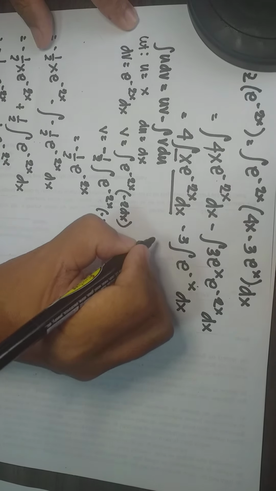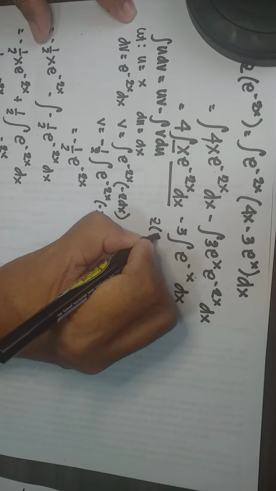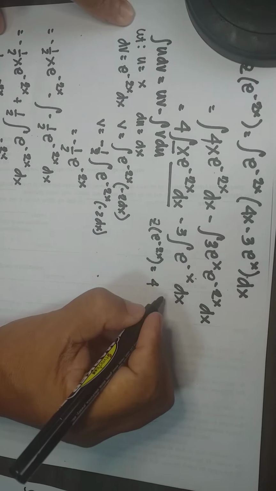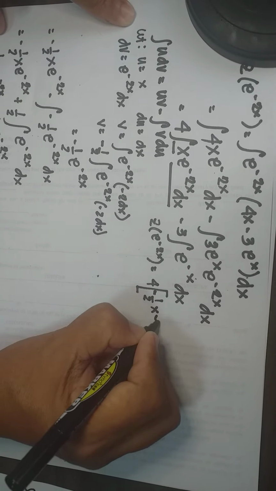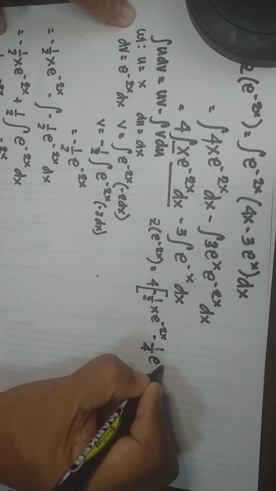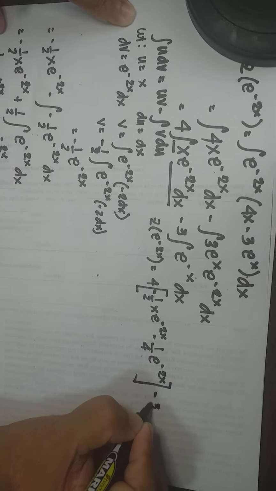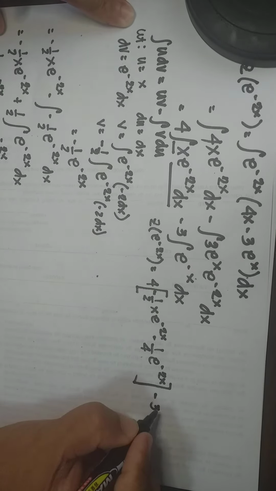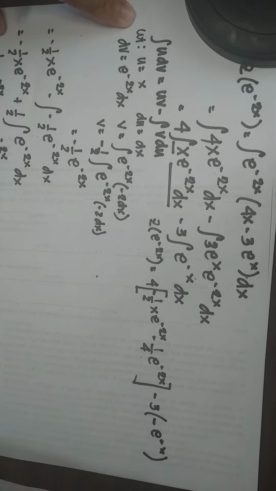So, rewrite natin ha. Z times e to the negative 2x is equal to 4 times negative 1/2 x e to the negative 2x minus 1/4 e to the negative 2x, minus 3. The integral of this is negative e to the negative x.